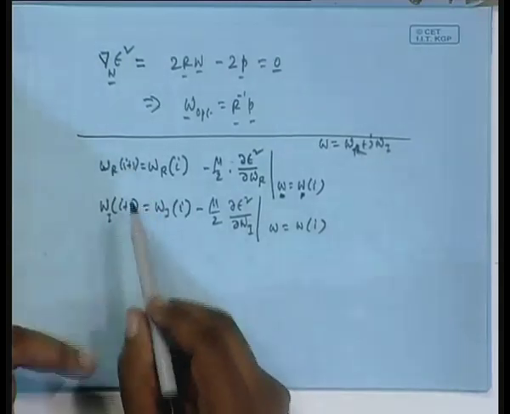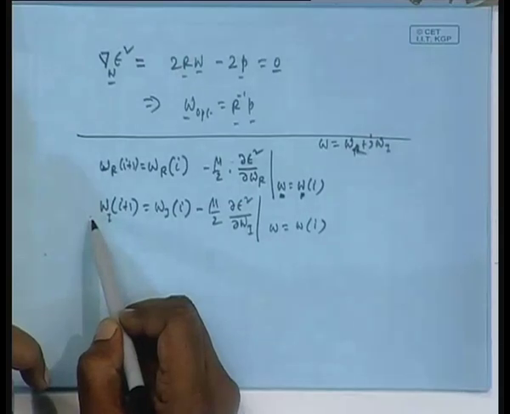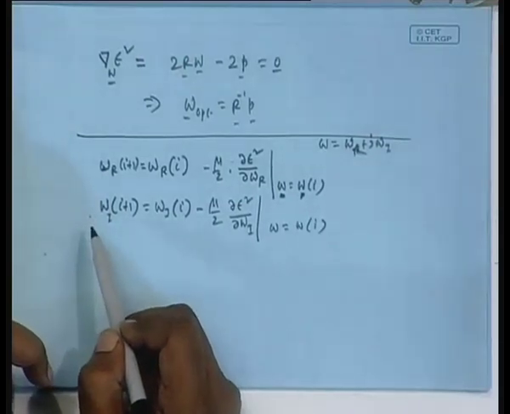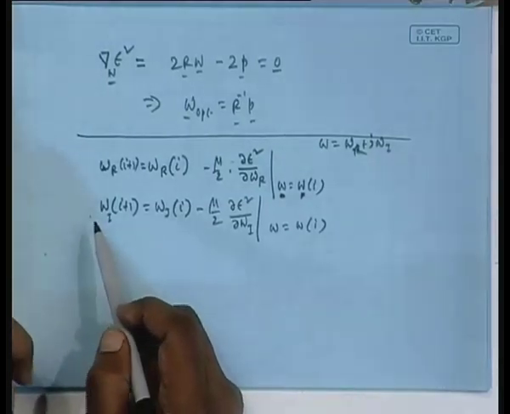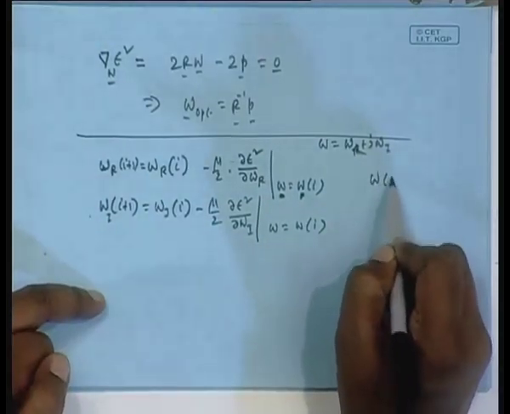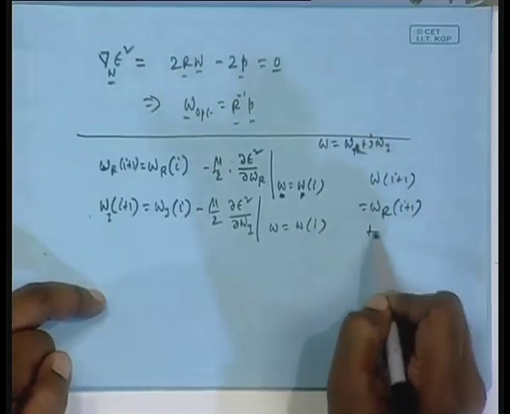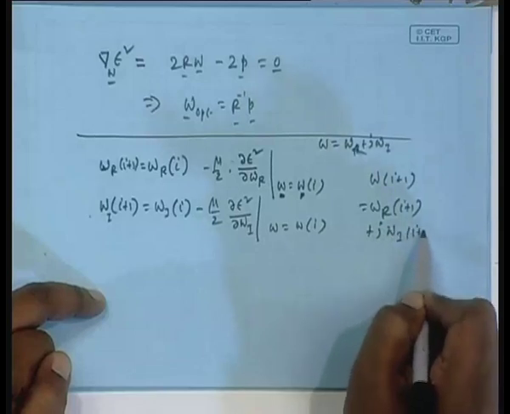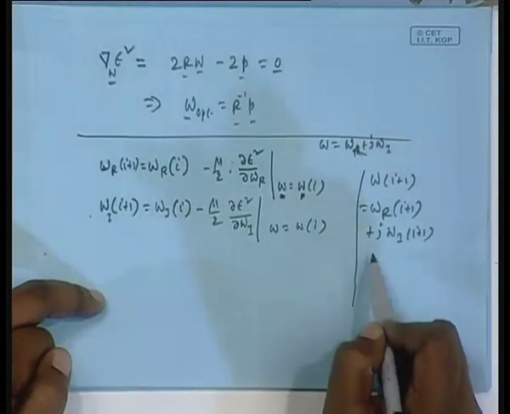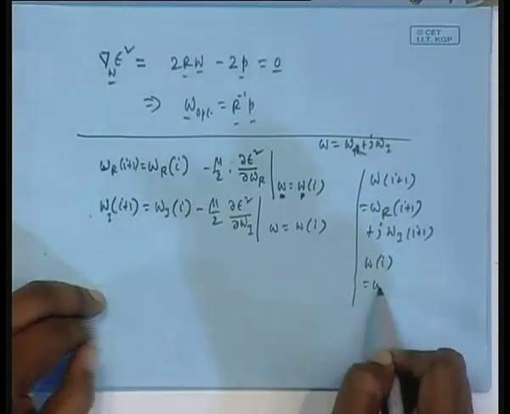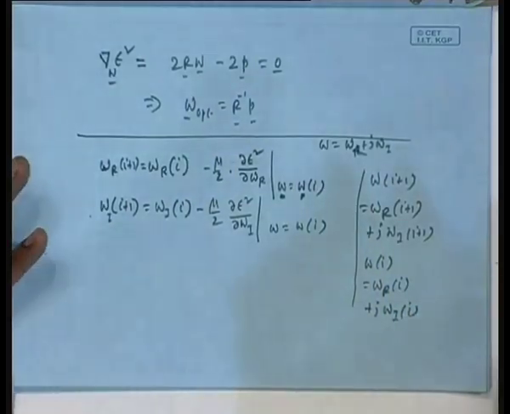My I plus 1th net weight is this plus j times this. Net filter weight at the I plus 1th iterate, WI at I plus 1, what is that? WR I plus 1 plus J WI I plus 1. What was Wi? At the Ith iterate, Wi was Wri plus Jwii, isn't it?